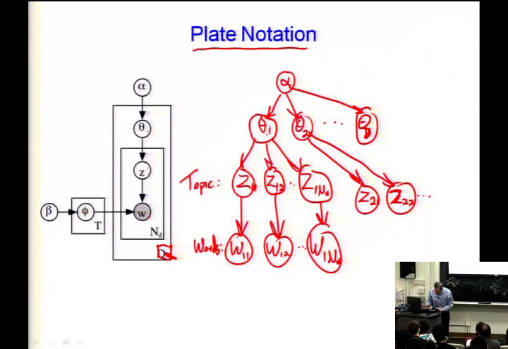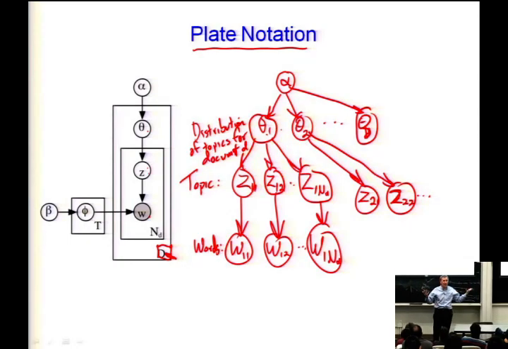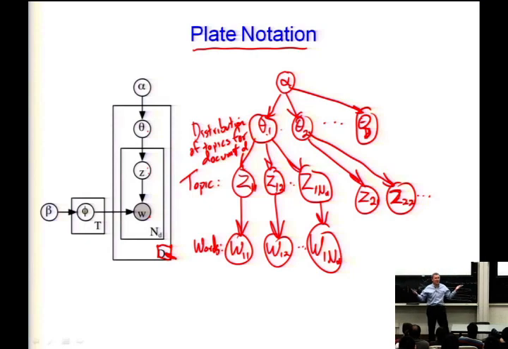And then what is theta? Theta is the distribution of topics for one document. I'll call it document D, because theta 1 is for document 1, theta 2 is for document 2. Of course, each document might be on a different topic or a different mixture of topics.